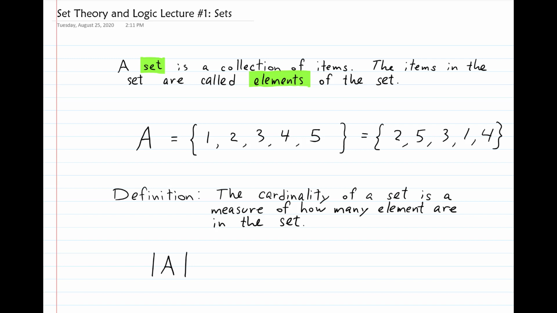Okay? Since A is not a number, then that must not mean absolute value. What is A? It's a set. So I know that those bars mean cardinality. Okay? And in this case here, the cardinality of A is 5 because there's 5 elements in A.